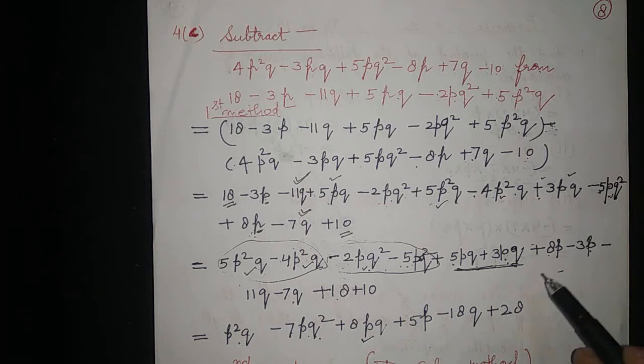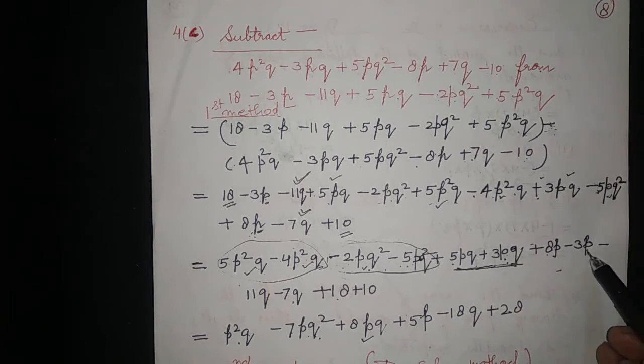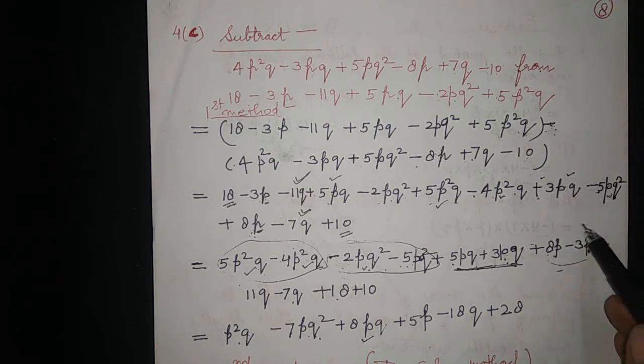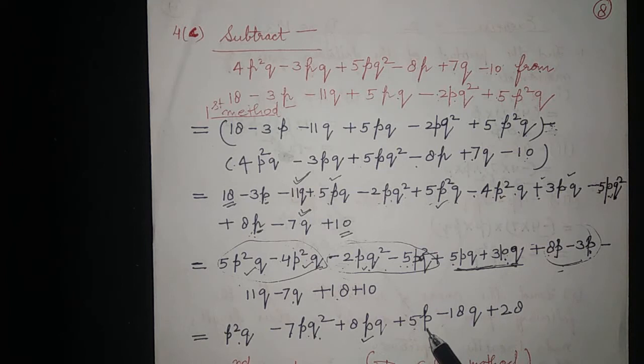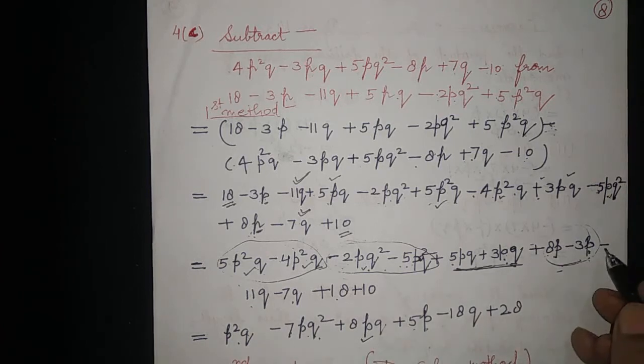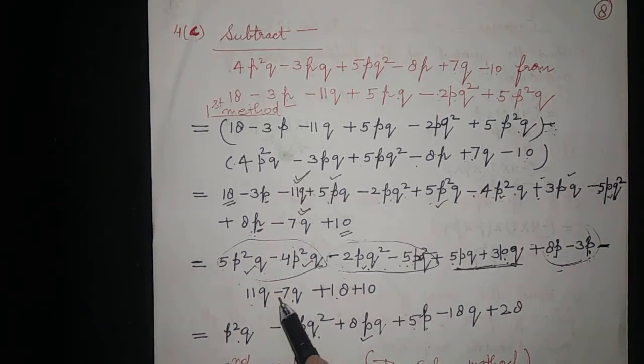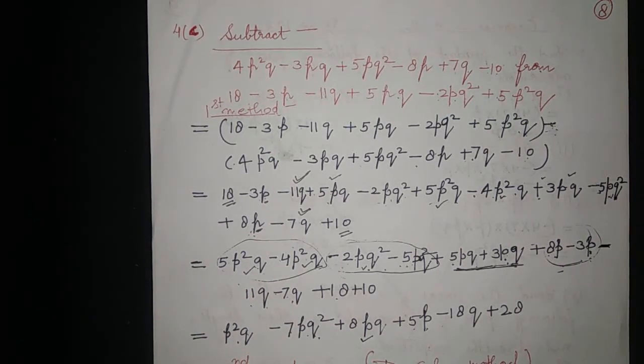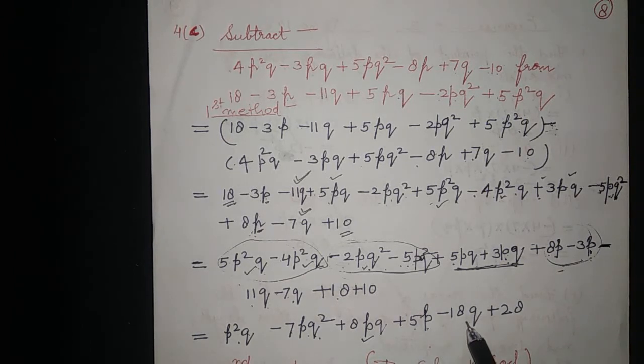And then 8p minus 3p. If you solve, then what will come? 8p minus 3p, 5p. Okay. Now minus 11q and minus 7q. If you solve, then what do you get?